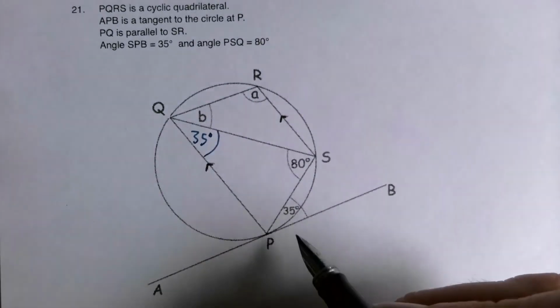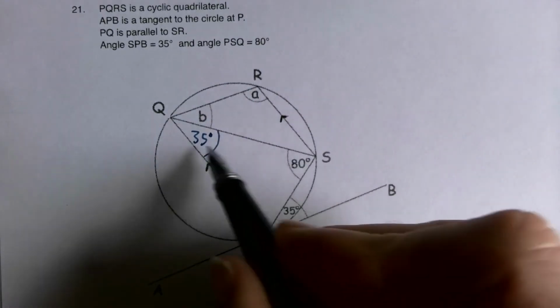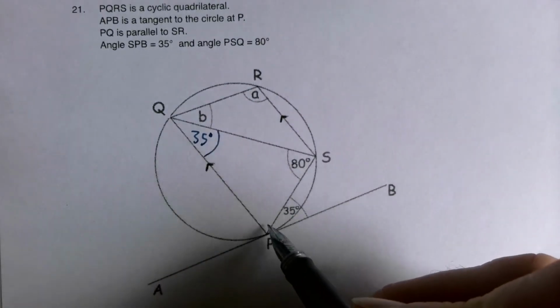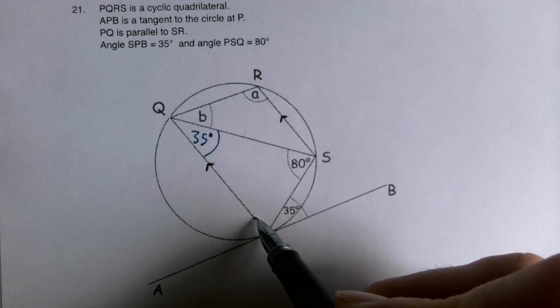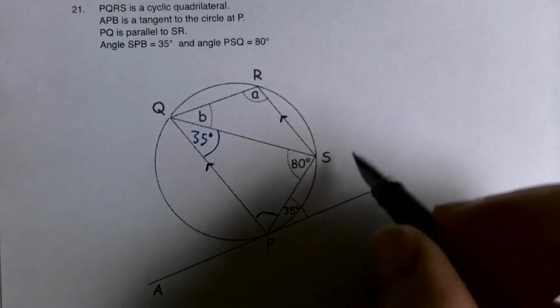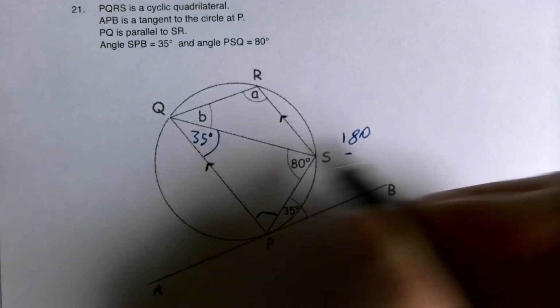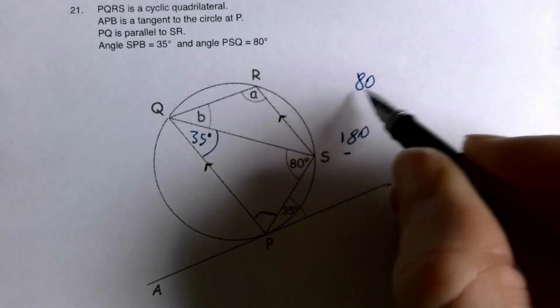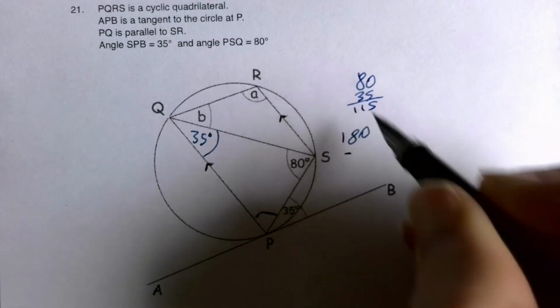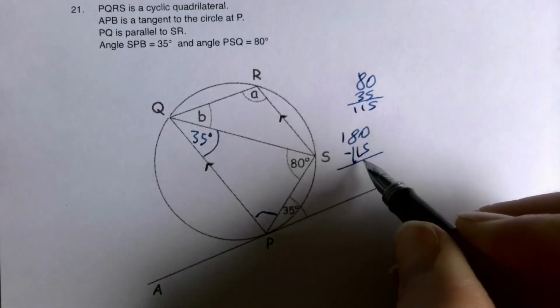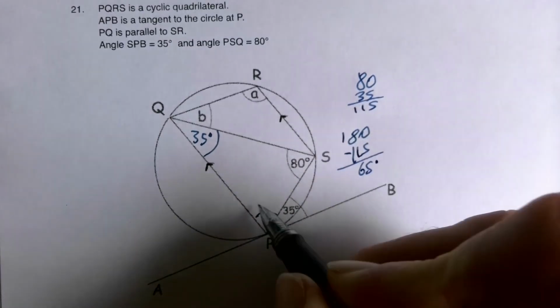Now we have got a cyclic quadrilateral here, so I know that this angle here and this angle here add to 180. I also know that these two here and this angle add to 180 because of angles in a triangle. So 180 take 80 plus 35, 115, so take 115, that's 65 degrees.